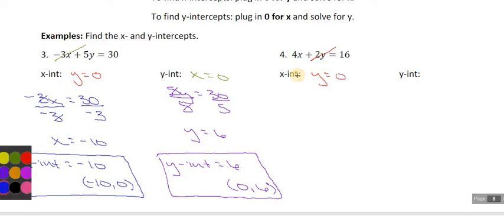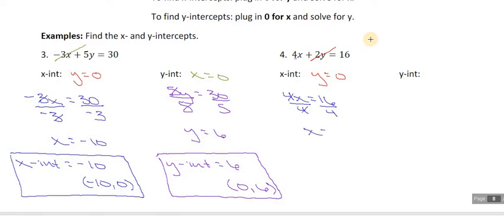So now we're going to solve 4x equals 16. In order to solve, we would just divide both sides by 4. So x equals 4, which means the x-intercept equals 4, which is represented as the ordered pair 4, 0.